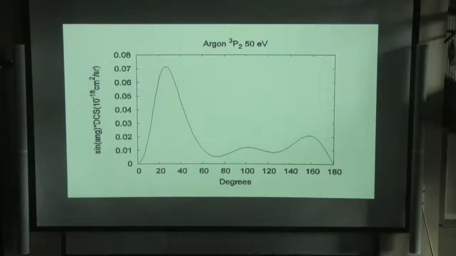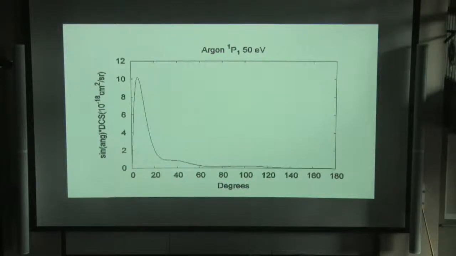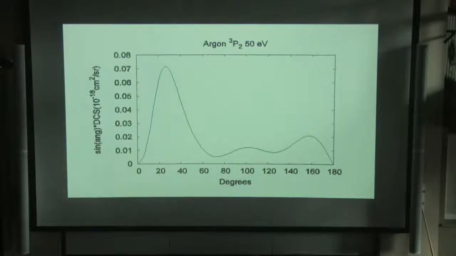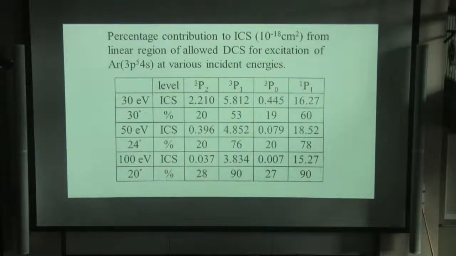So what we've done is go back here and look at what the contribution is from this peak region, because I want to argue that that's the important part to get correct. When this peak region comes down to where it starts to level off, we stop the integration there, and compare it to what we get if we do the whole angular range. And this is what we get.